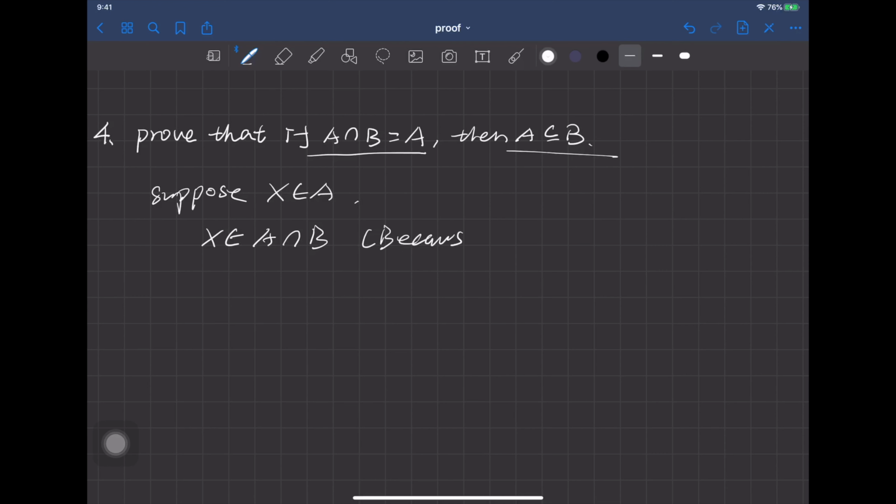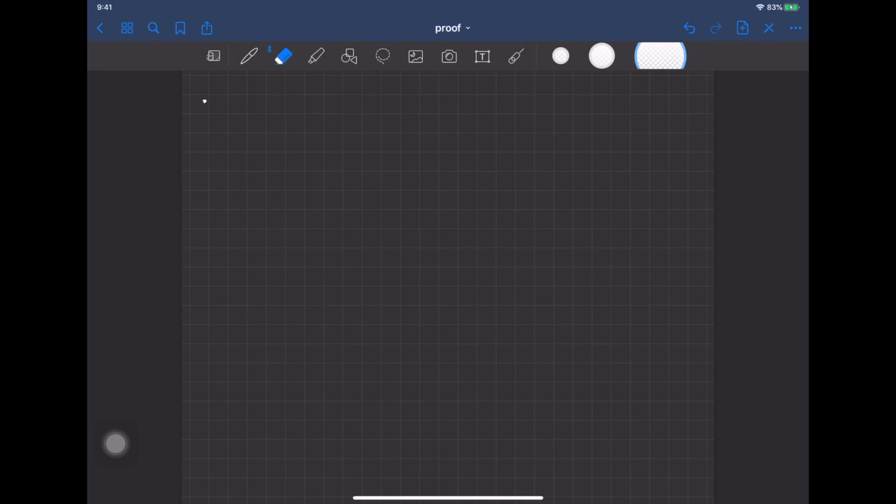Because set A equals the intersection of A and B. What we can know is that it implies X is an element of A, and X is also an element of B. Therefore, it can be concluded that set A is a subset of set B. So if we take question 3 and question 4 into account, then we can say the intersection of A and B is A if and only if A is a subset of B.